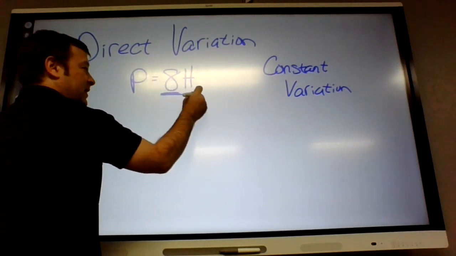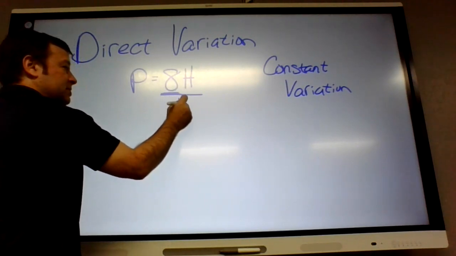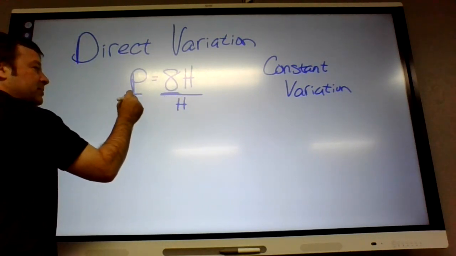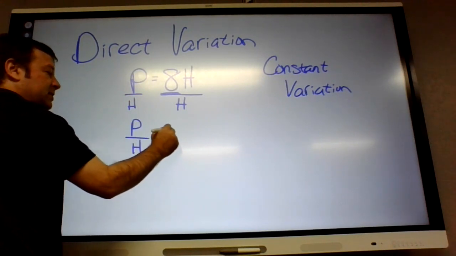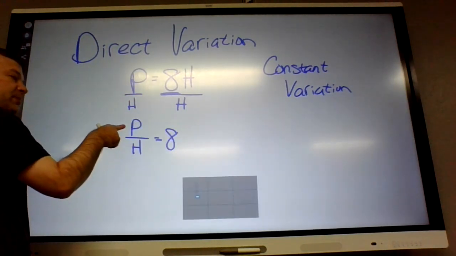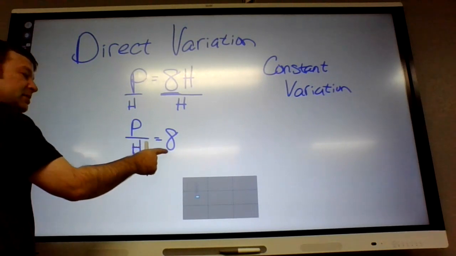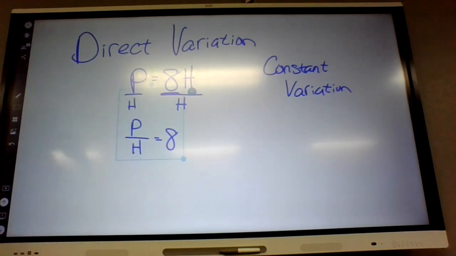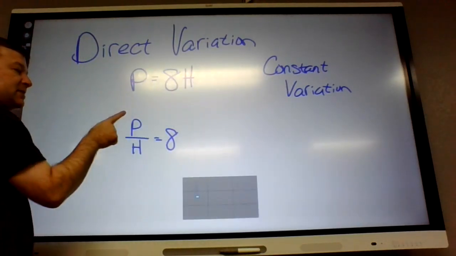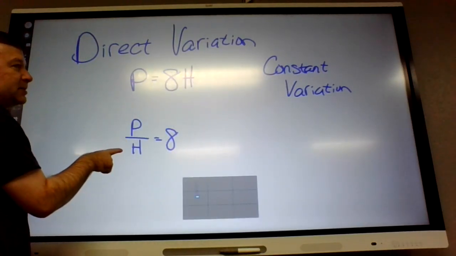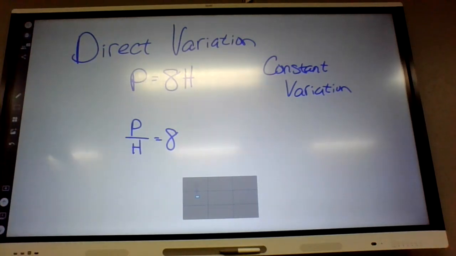If I divided by h, I would get P over H equals 8. So payment divided by hours should equal 8. Usually it's written like this, sometimes it looks like that, but that's direct variation.